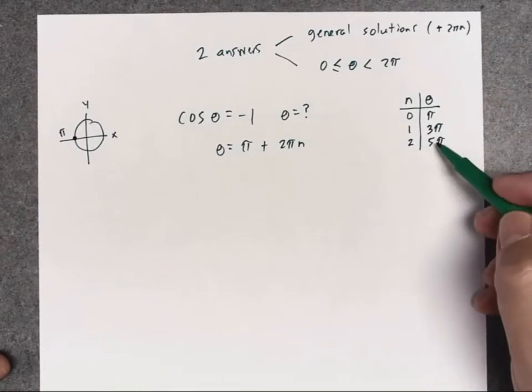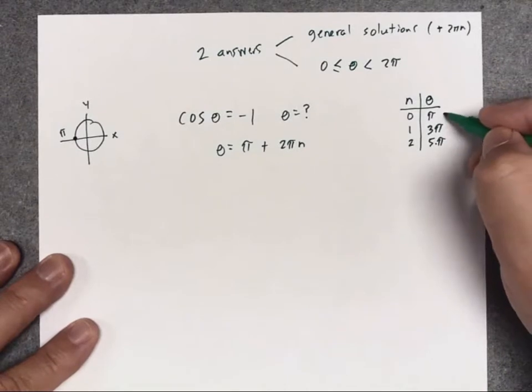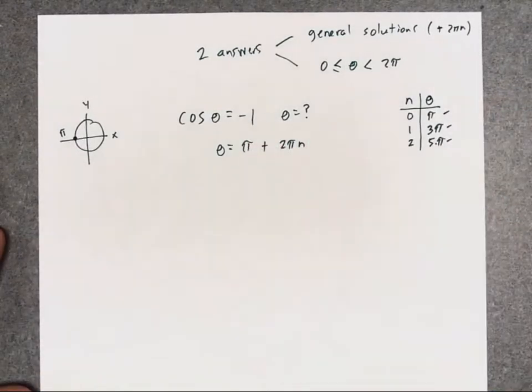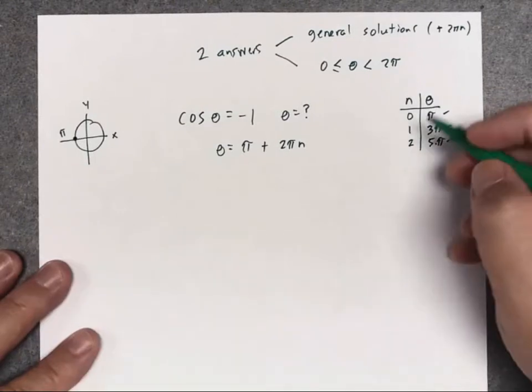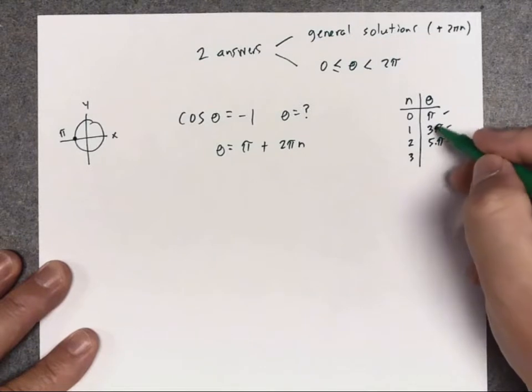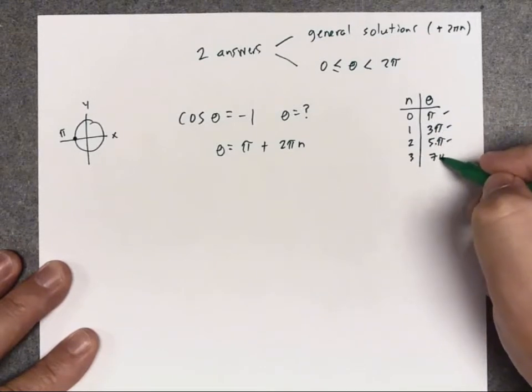And the cosine of 5 pi would be -1. So these are all solutions to this equation. But of course, we don't want to write all these out every time. If you plug in 3, I would have 7 pi.